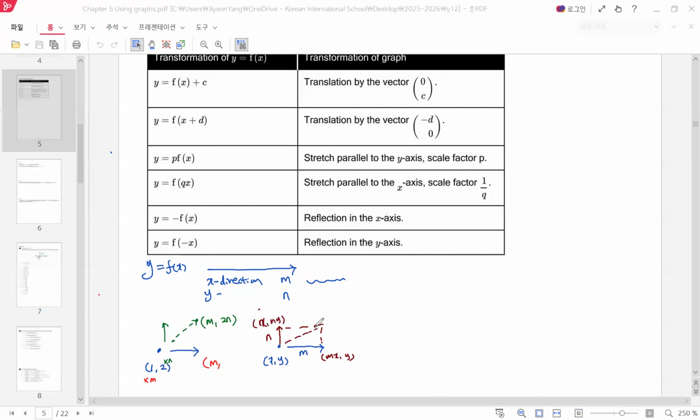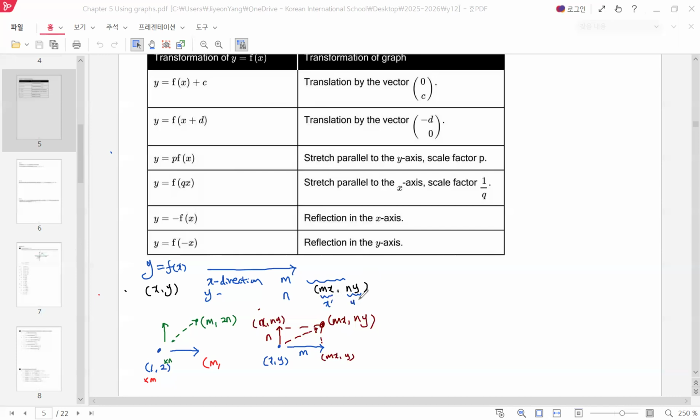Therefore, the final change is here, (mx, ny). So if there is a coordinate (x, y), then the new coordinate is going to be (mx, ny). It makes sense, right?